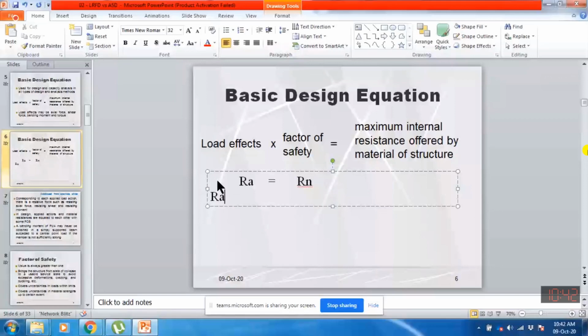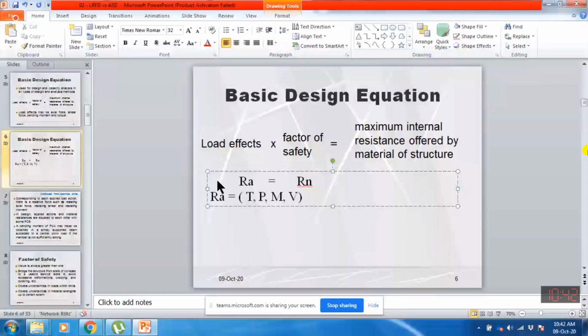It may be equal to tensile load. It may be equal to compressive force. Actually, in steel structure, we show the tensile load T, compressive force P. It may be moment. It may be shear force. You understand me? And accordingly, we will check what is the resistance offered by a shape of material.